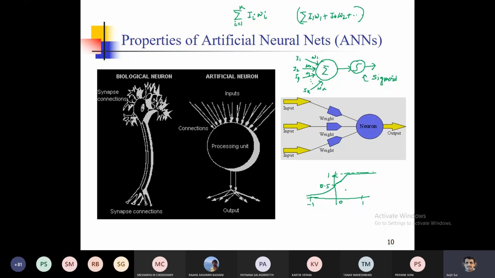So you see, if this summation, say this summation is equal to S, is greater than 0.5, let's say, then the output is 1, otherwise 0, or you can say that it is very, very close to 0. So there is no output. So it got excited, and that is the output.